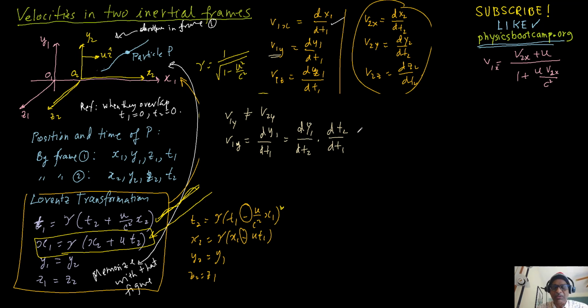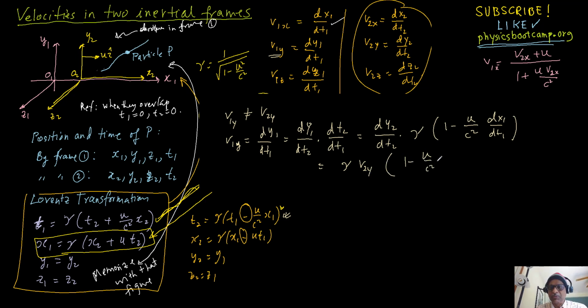So this is going to be y2 simply, dy2 dt2, and then this one we worked out from this stuff, and that's gamma times 1 minus u over c square dx1 dt1.